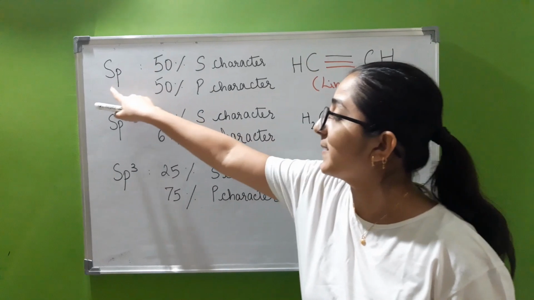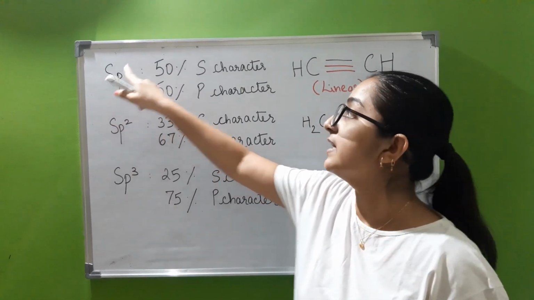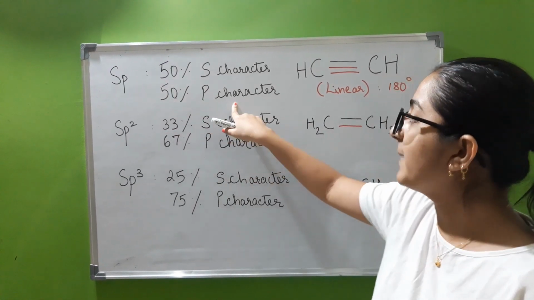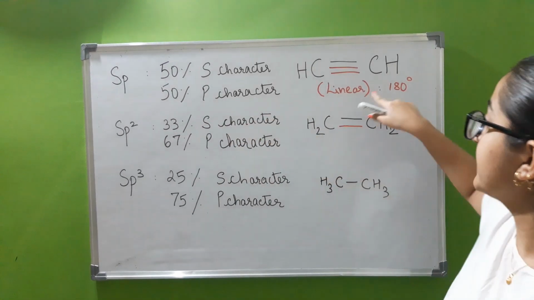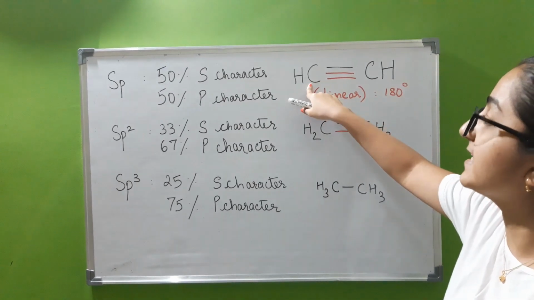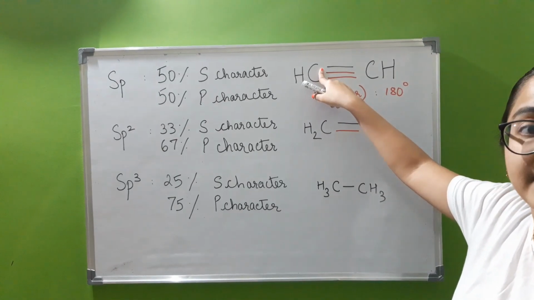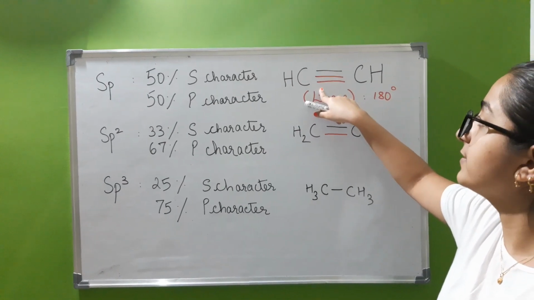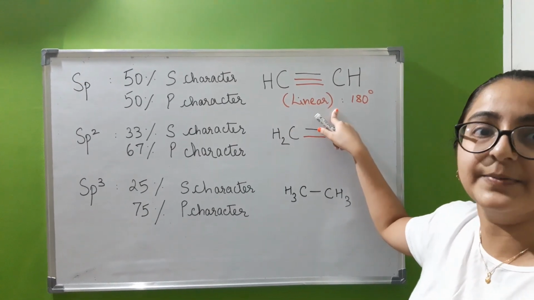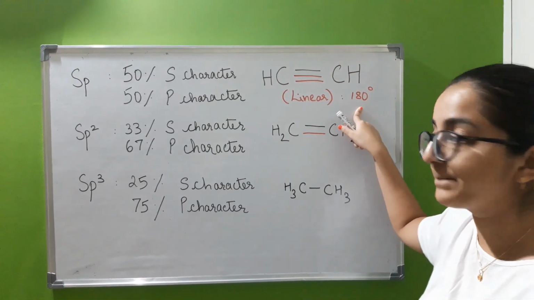Since there is one s orbital and one p orbital involved, there is 50% s character and 50% p character. The best example here is ethyne. We can tell that a carbon is sp hybridized when it involves one sigma bond and two pi bonds. The shape formed here is linear and the bond angle between these two is 180.